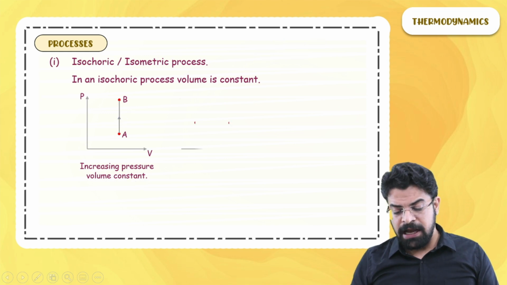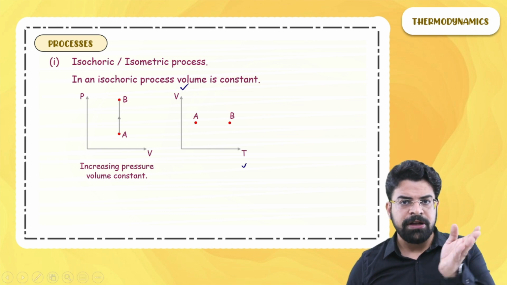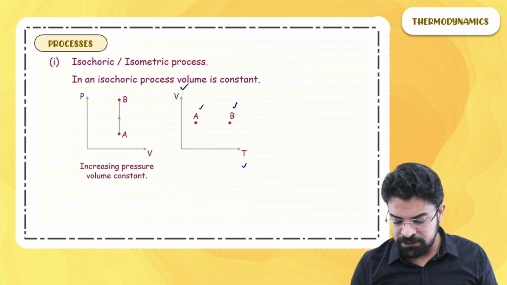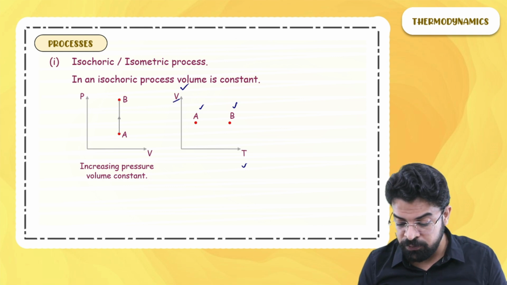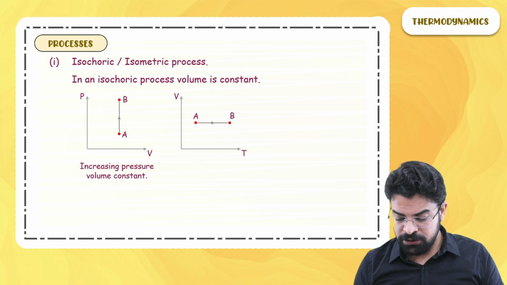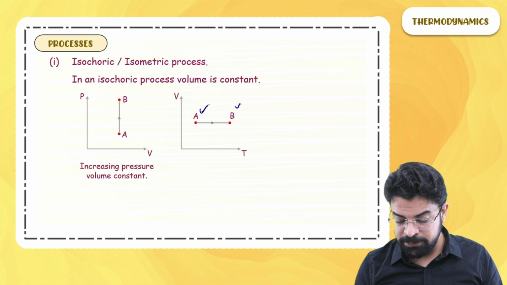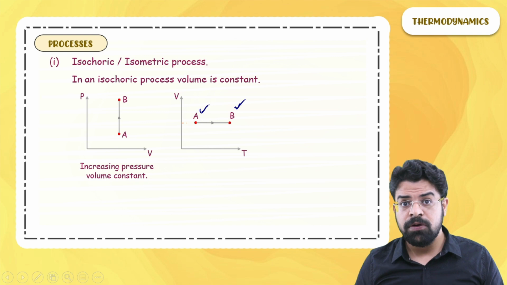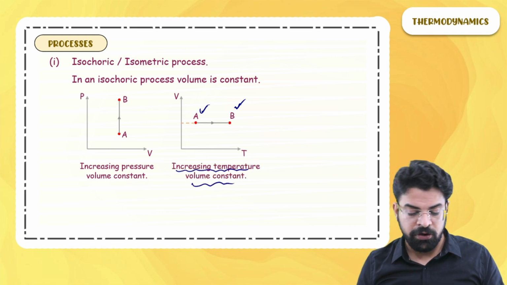What does the isochoric process look like on a VT diagram? Again, the volume has to be constant, so the graph is a straight line, representing increasing temperature at constant volume.